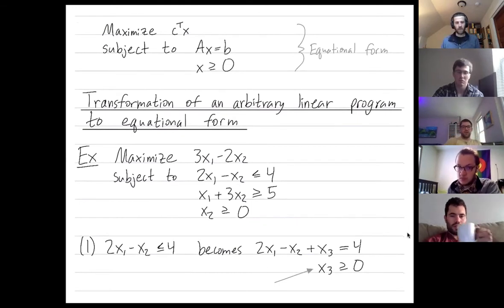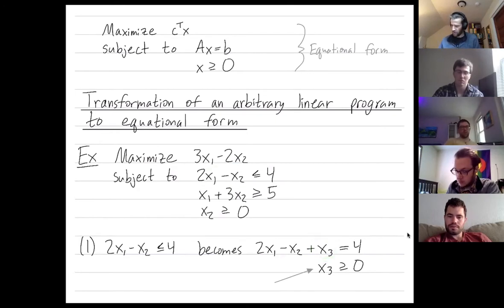First, our less than or equal to constraints. We're going to turn them into equality constraints by introducing what are called slack variables. So 2x1 minus x2 is at most 4. That is a less than or equal to constraint. We're going to let x3 be a new variable. In our original problem, there's no x3.